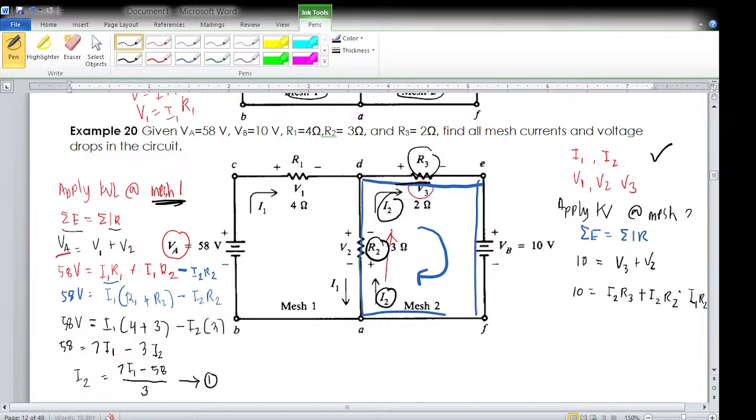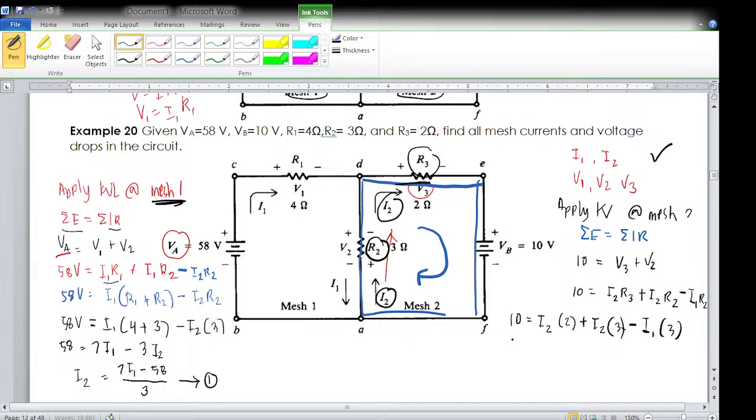Minus, ma'am. Okay, it is still negative. So, substituting your R sub 3, what is R sub 3? 2 ohms. So I sub 2 times 2, and R sub 2 is 3 ohms, minus I sub 1 times 3 ohms again.